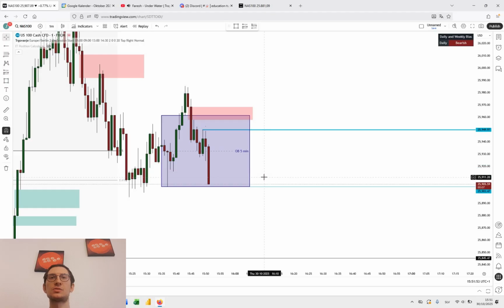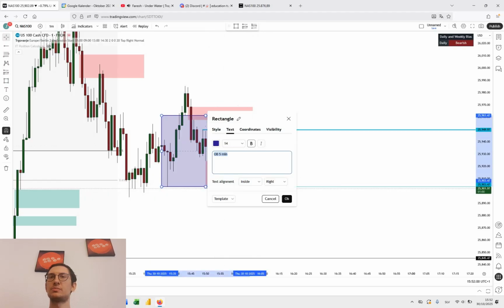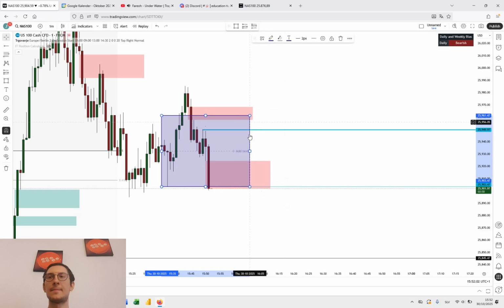If the price grows through, yeah, okay, this became invalid. Shit, I guess no trade today, boys, no trade today.